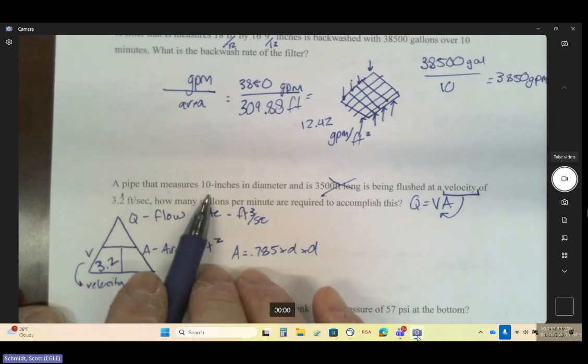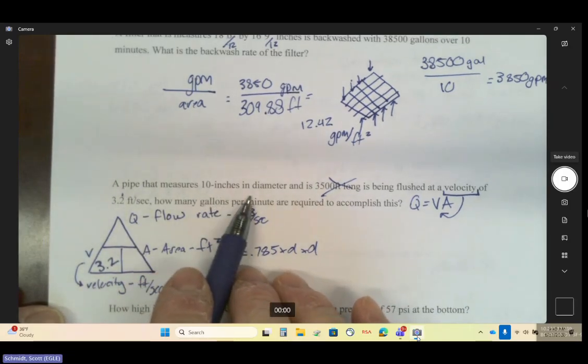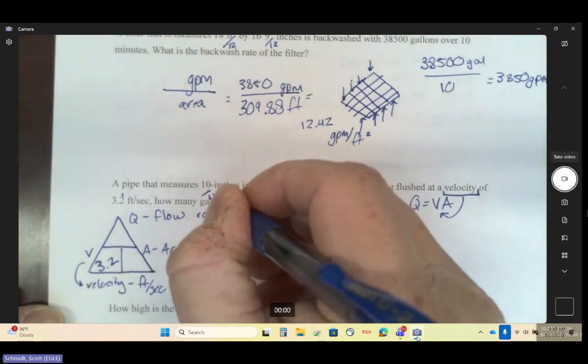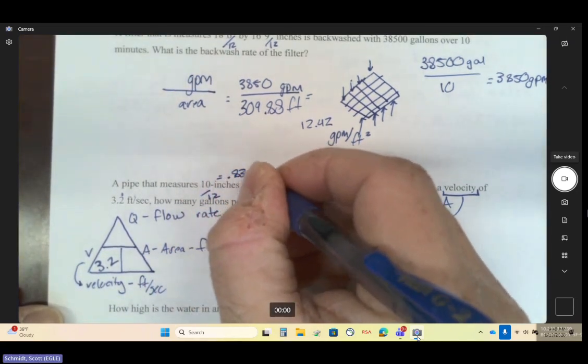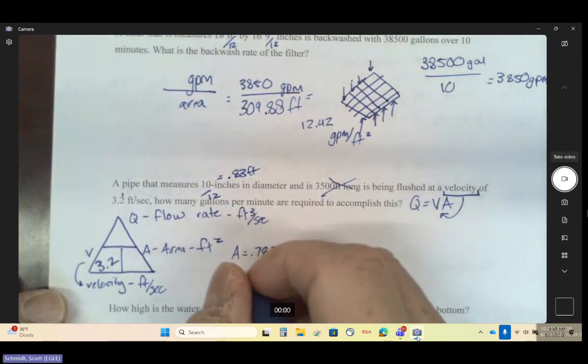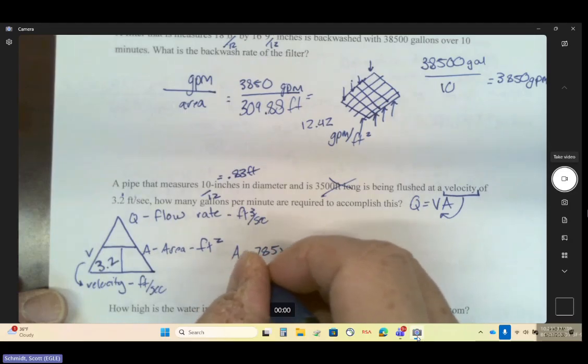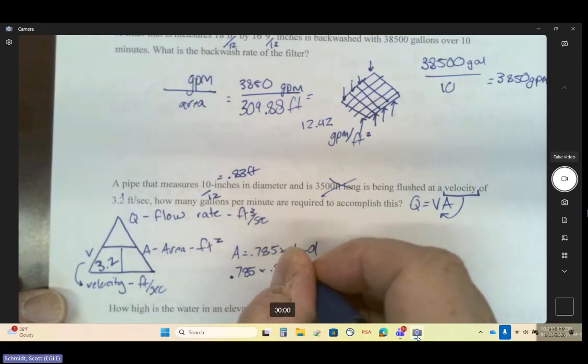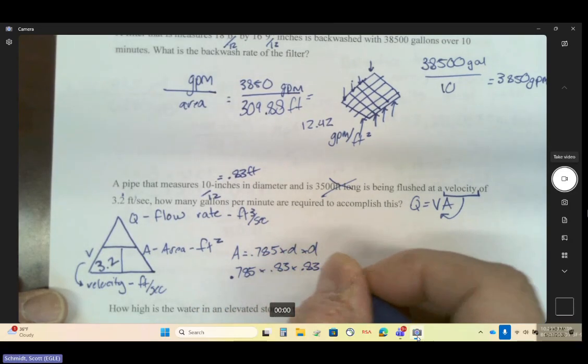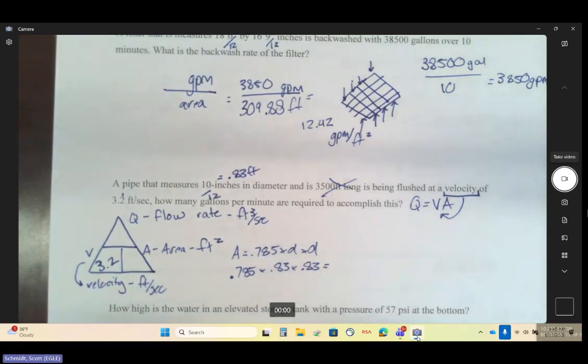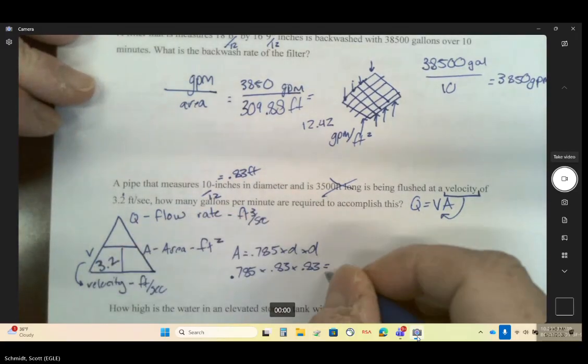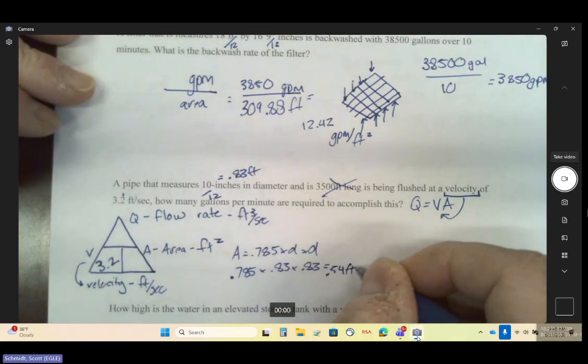A pipe that measures 10 inches in diameter. Well, what do we always do to inches? We convert them to feet. So that's 0.83 feet. So I have to do 0.785 times 0.83 times 0.83, which gives me 0.54 square feet.